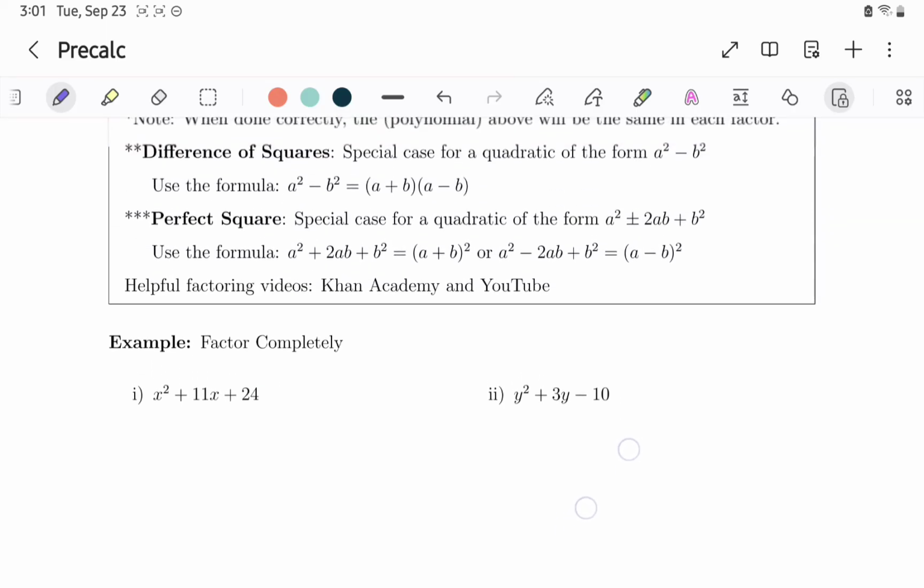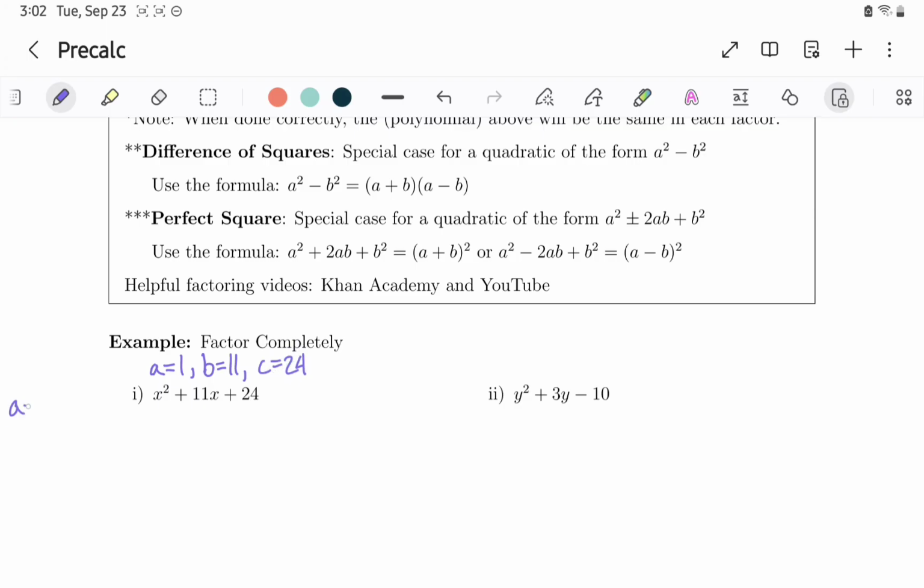If we look at our two special factorization formulas, the difference of squares and perfect square factorization formula, the quadratic expression that we have here doesn't resemble a difference of squares, and it doesn't resemble a perfect square, so we're just going to use the AC method. So let's say what a, b, and c are. a is 1 since we have just x squared, b is 11 because we have 11x, and c is 24.